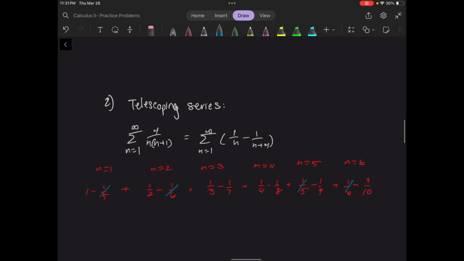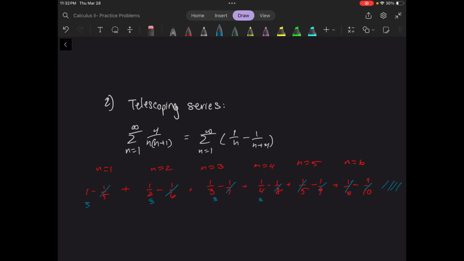So what's going to happen is this 1/7 will cancel with the next term. The next term will have a 1/7. This 1/8 will cancel with the term after that. And this 1/9 will cancel with the term after that. The 10th will cancel with the term after that. And all the other terms will cancel all the other terms. We're just left with these 4.